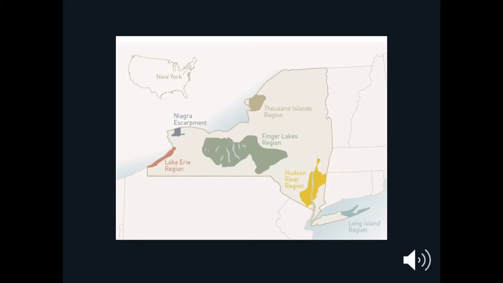And the smaller regions on the west, the Lake Erie region, the Niagara Escarpment, and the Thousand Island region, those are regions not necessarily known for quality.